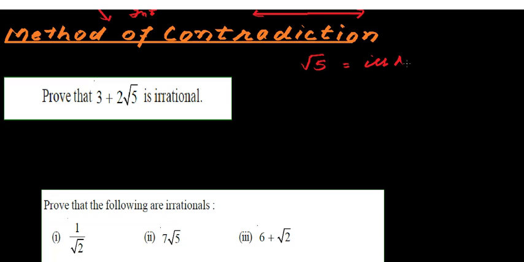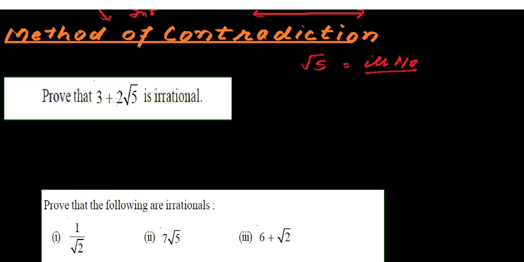It cannot be represented in form of P upon Q. So I'm taking the result directly. Now I should not prove it again. मुझे अब ये दोबारा से सॉल्व नहीं करना है. सिर्फ इतना यूज करूंगा कि √5 इरेशनल नंबर था. हमने ये थ्योरम में सिद्ध कर लिया था.